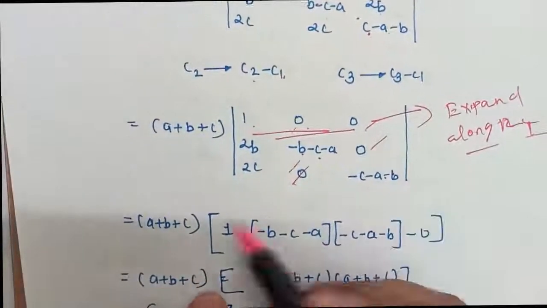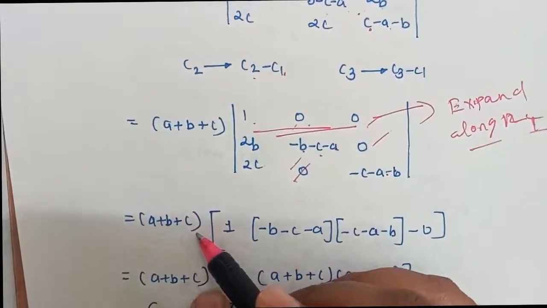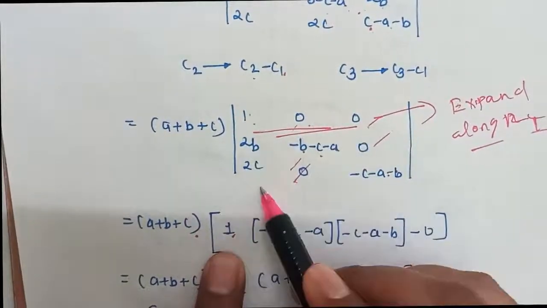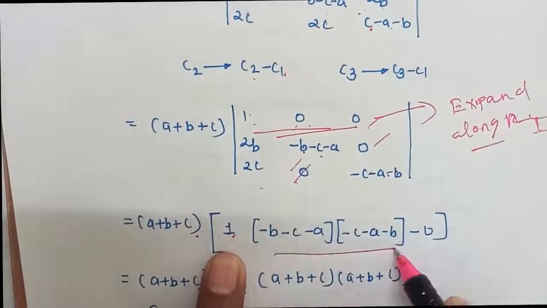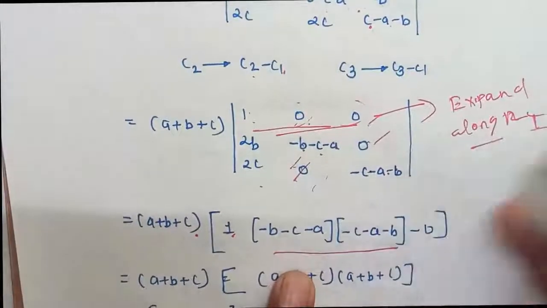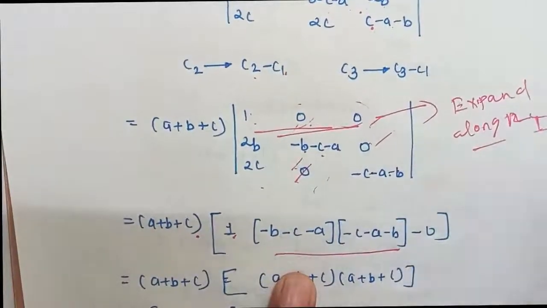So same thing, a plus b plus c as it's common I took. So 1 into the bracket: leave this row, leave this column, so this into this will come. Anyway, these two elements are 0, so whatever the calculation is going to become 0, so just write a 0.